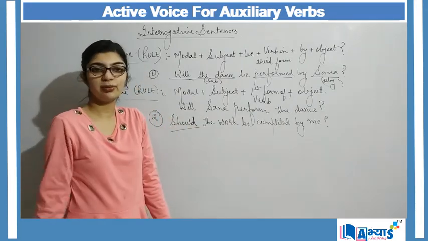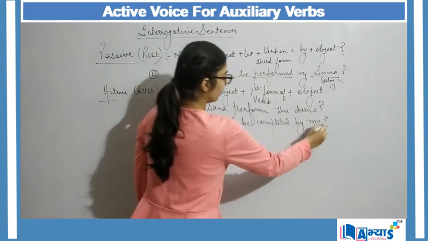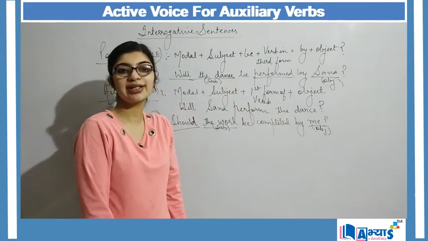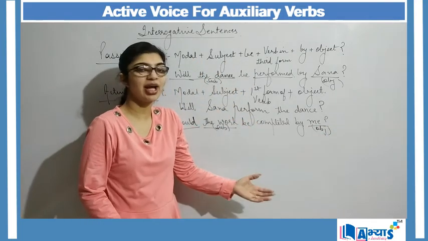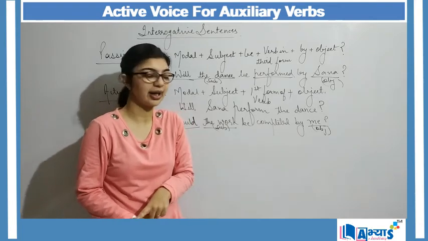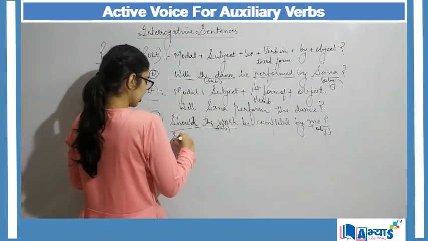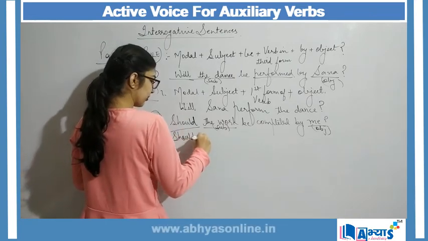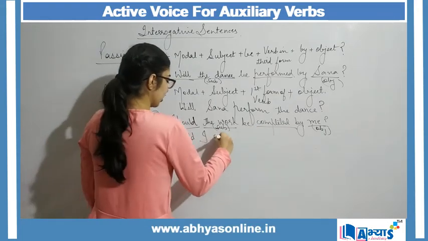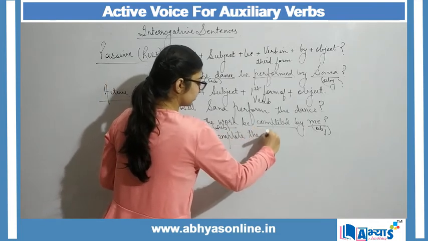Here should is again a modal. Work is the subject and me is the object. Now if me is the object in passive form, then for active, the subject me will convert to I. So as it is, the sentence will begin with a modal. So I say, should I, completed first form is complete. Should I complete the work?